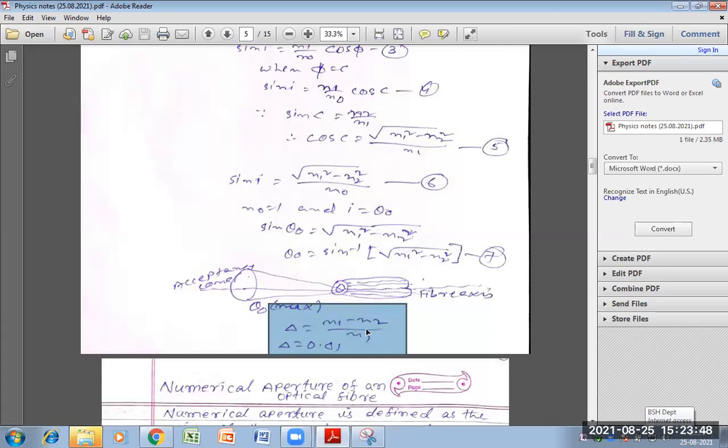Remember, the value is 0.01. And what is the formula of the fractional refractive index change? Delta is equal to N1 minus N2 divided by N1.